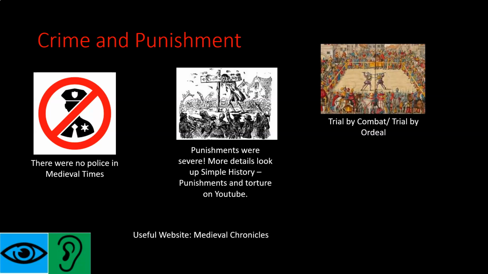Other common punishments for different crimes would include things such as a pillory, and that is what you see in the picture here, where a person would have their head and their hands trapped in a block of wood for a certain amount of time. It could be a few hours, it could be days, it could be for quite extended periods of time. This was a humiliation type of punishment.